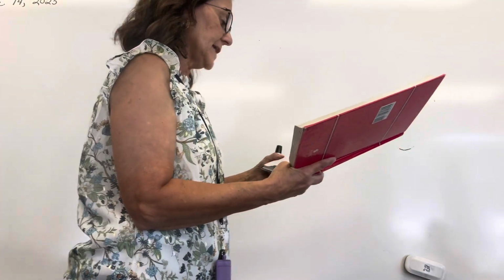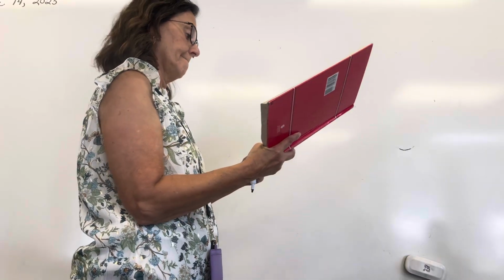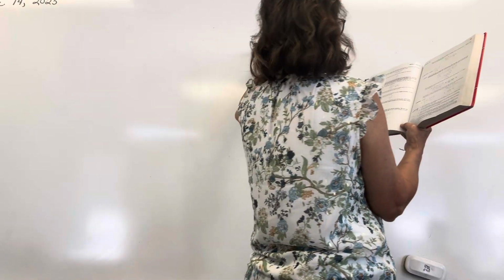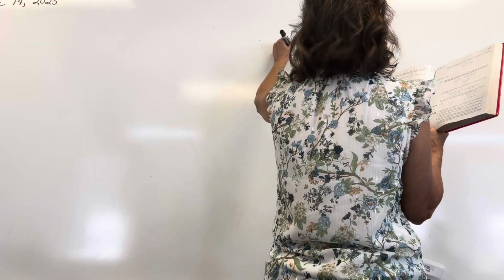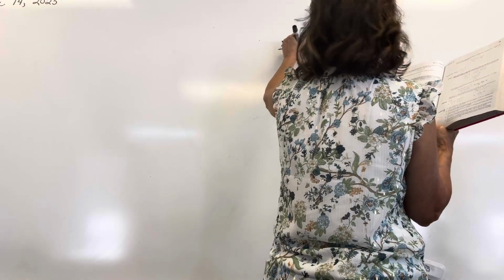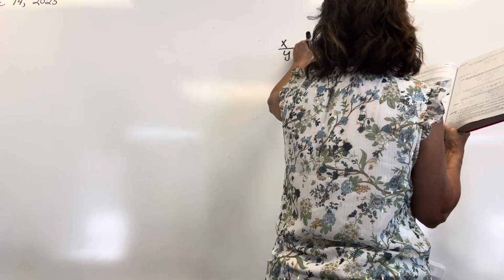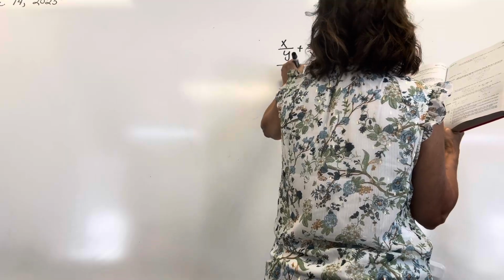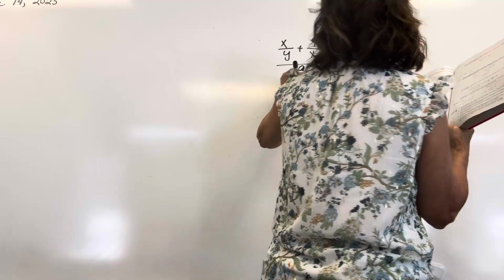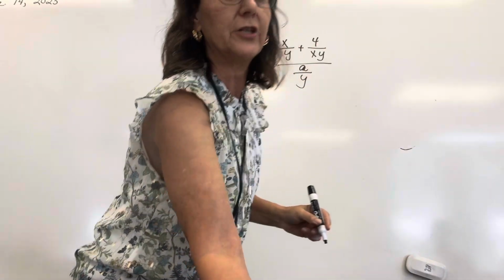All right, so look at example 33.1. 33.1 is x over y plus 4 over xy over a over y. That is a complex fraction.